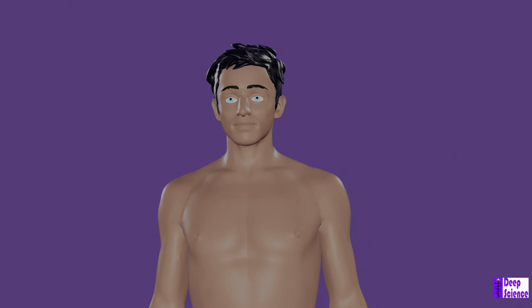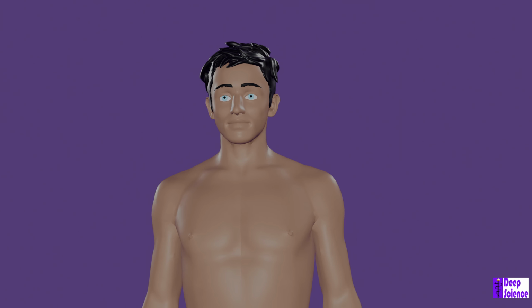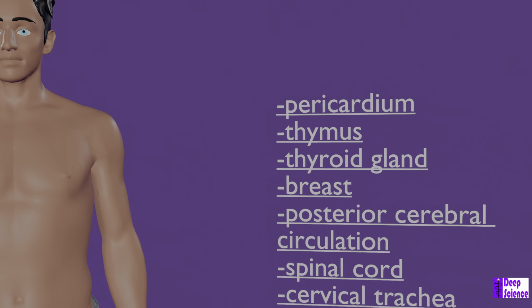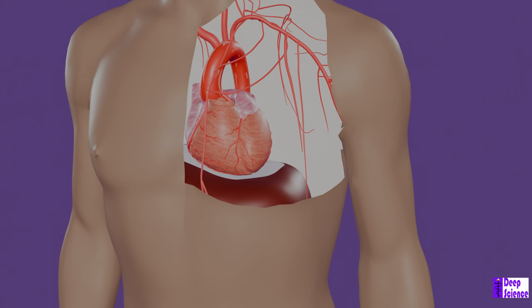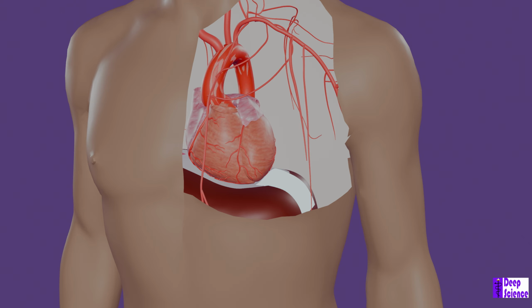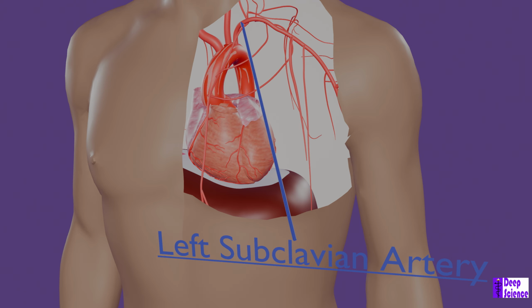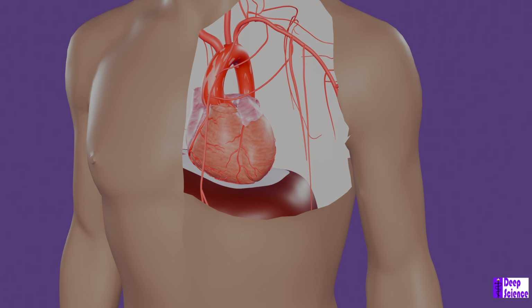Now the left upper limb, the anterior chest wall, pericardium, thymus, thyroid gland, breast, posterior cerebral circulation, spinal cord, cervical trachea, and also that part of the diaphragm are all supplied by branches of the subclavian artery, which is also a branch of the aorta.